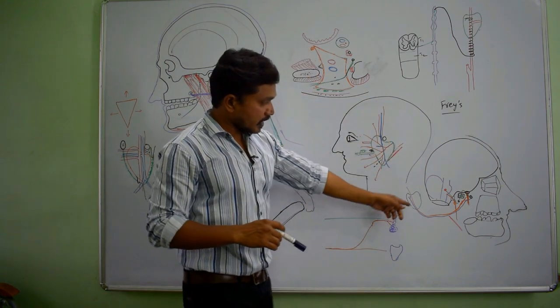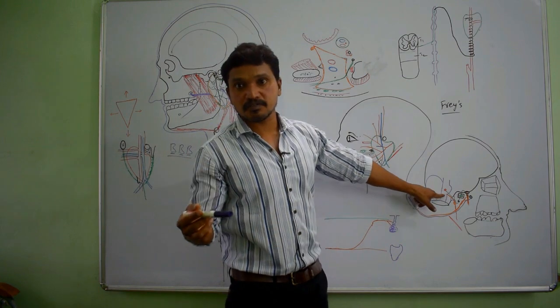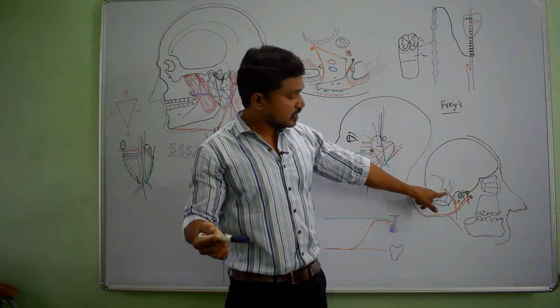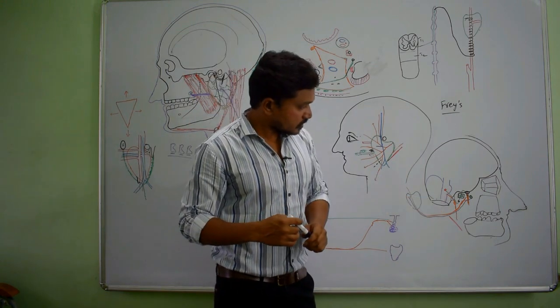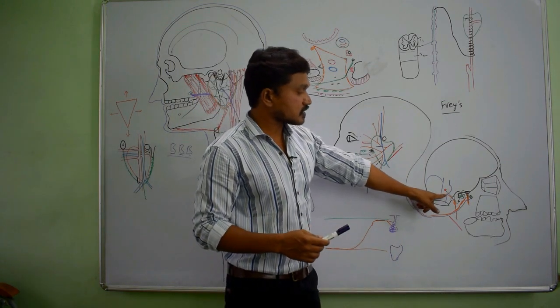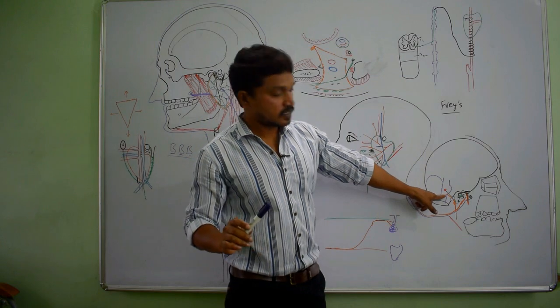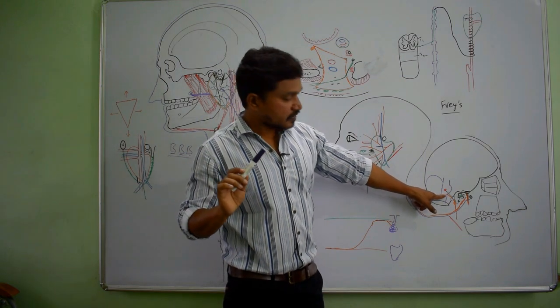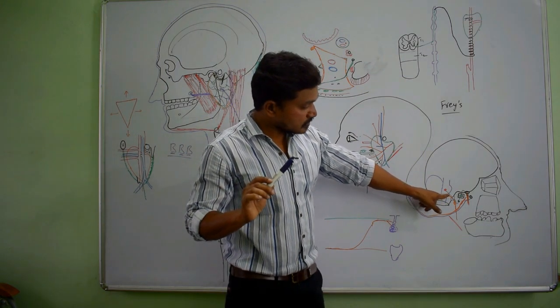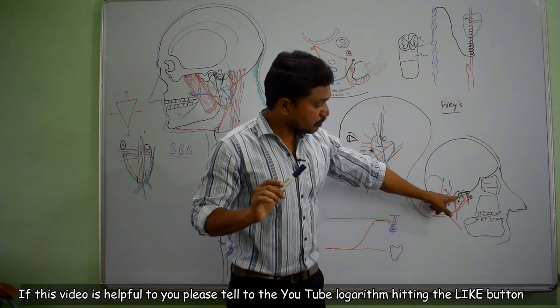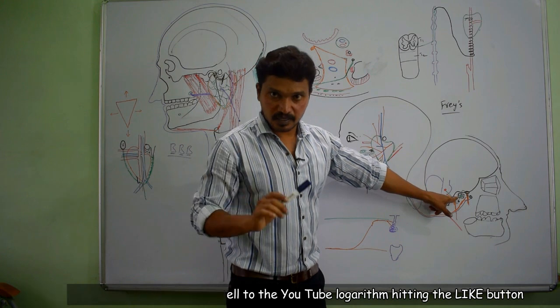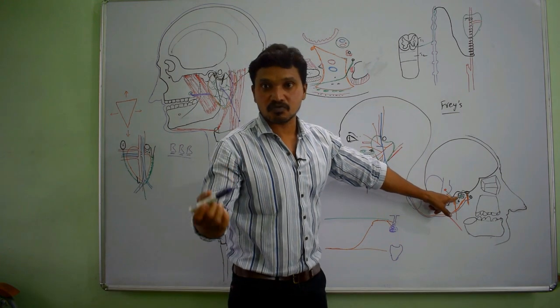Then coming to the parasympathetic innervation. Parasympathetic innervation is secretomotor. That means because of this innervation only, the parotid gland is secreting. If you take the course of it, preganglionic neurons are present in the inferior salivary nucleus, which is present in the pons. Then those preganglionic nerve fibers pass through the 9th cranial nerve, through the tympanic branch of the 9th cranial nerve, or we can also call it nerve of Jacobson.